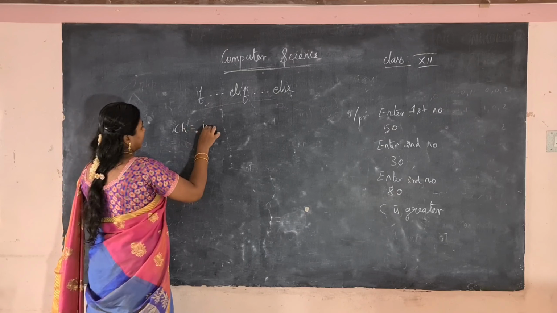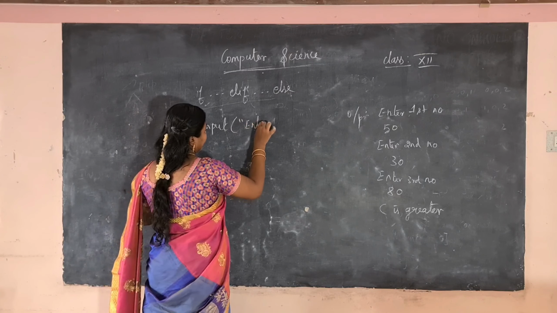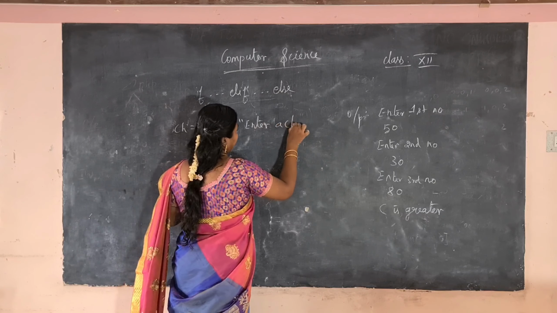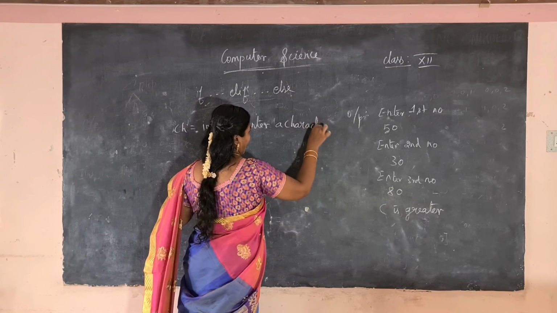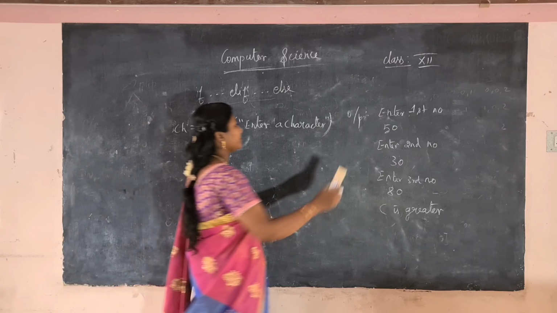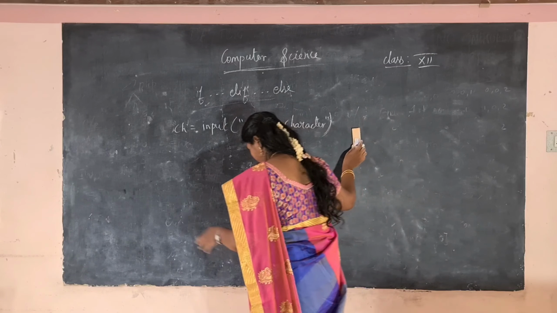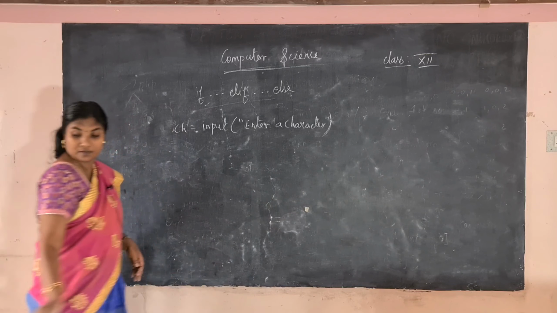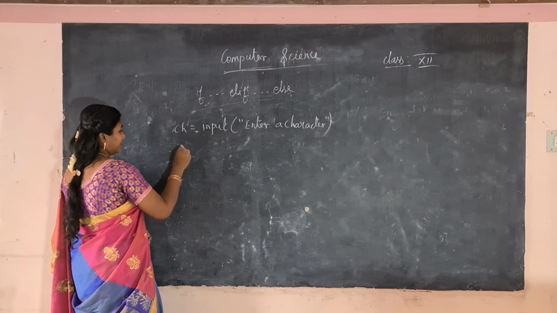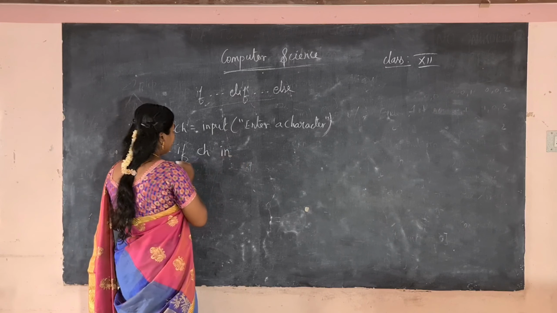ch is equal to input, enter a character. Okay. So if this ch in, in is a keyword, if is a keyword.